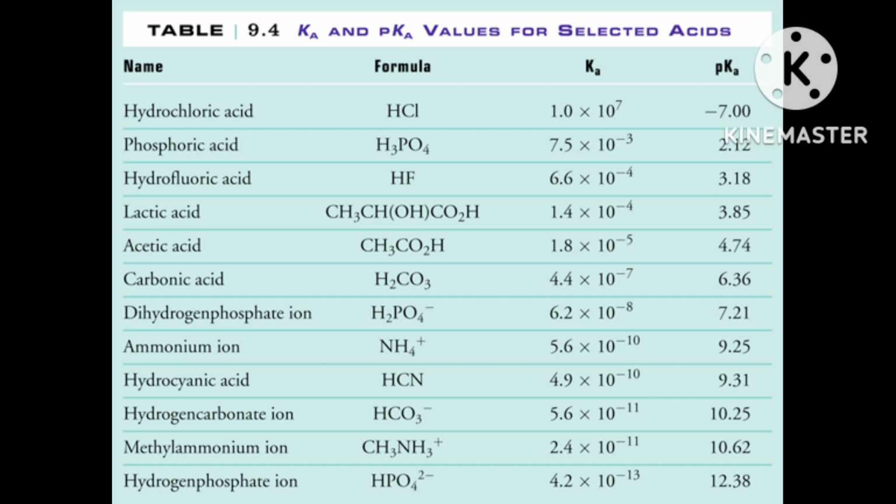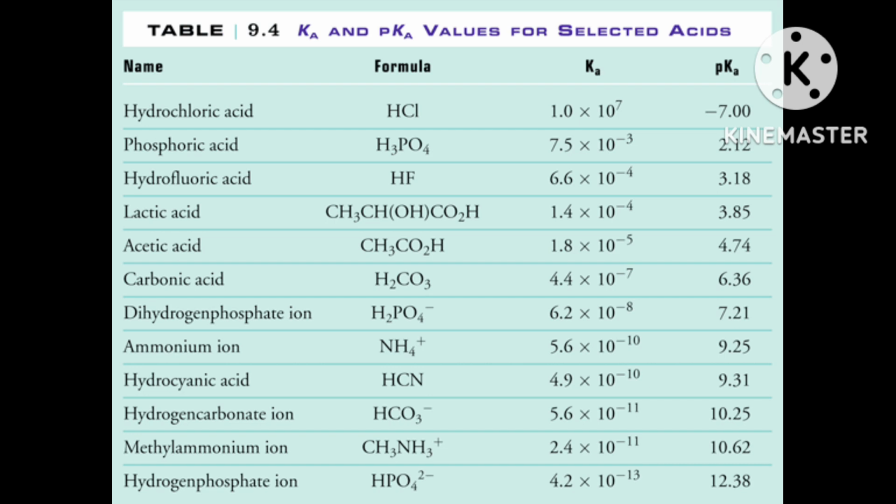You put it in the formula I already told, and the x value will come. Then the OH⁻ concentration is equal to x, and that value will be 9.5 into 10 to the power minus 8.